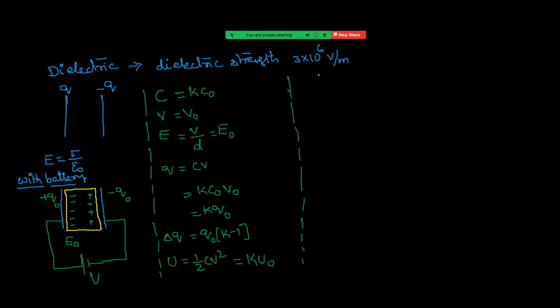Now let us see the second case, without battery. That means initially the capacitor was charged. Now the battery is removed, and then we insert the dielectric.